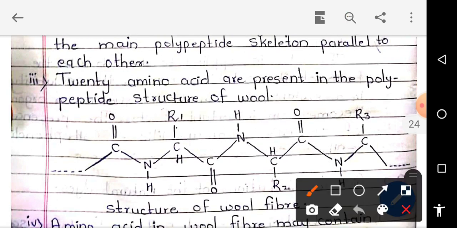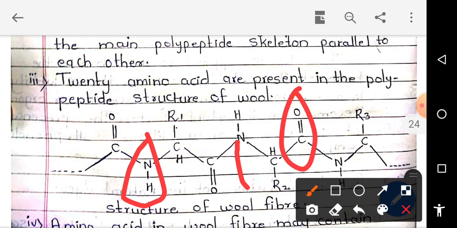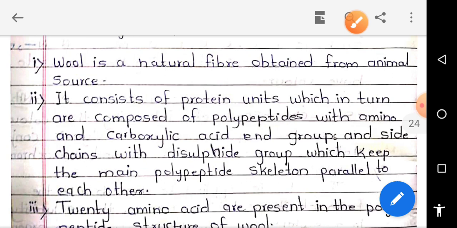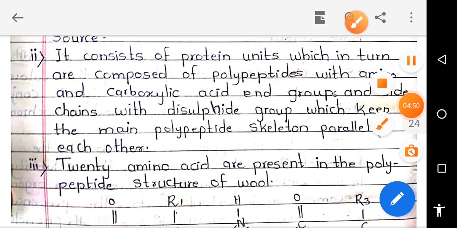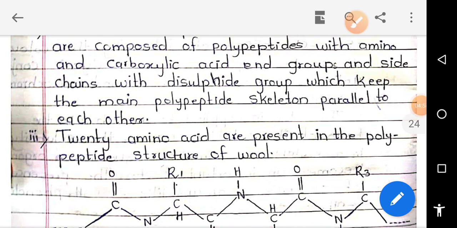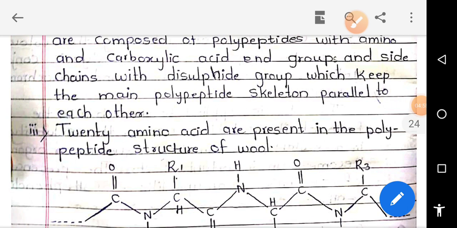Consider one of the amino acids attached from this end, that is the N terminal, the amine attachment, and if it is attached with another group, at that time it is called the C terminal, that is the carboxylic acid terminal. Here is the attachment. So friends, this type of attachment is given here in the case of wool fibers.